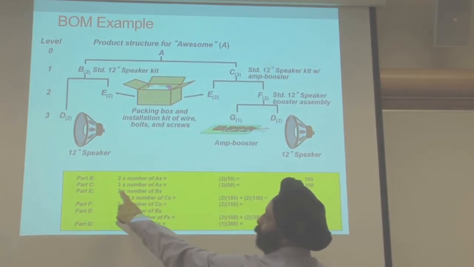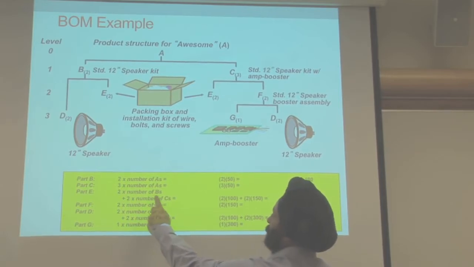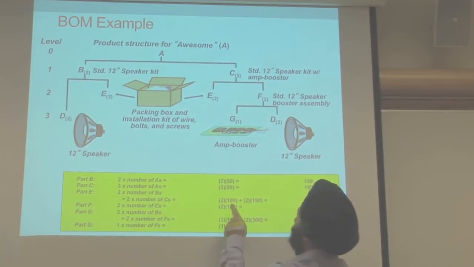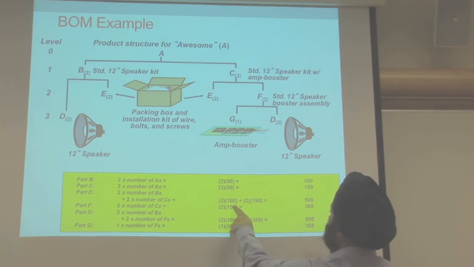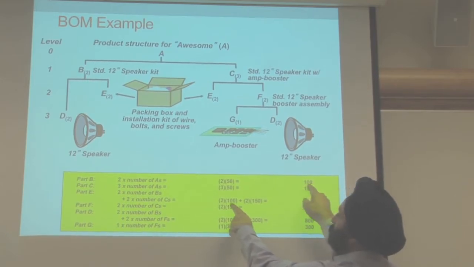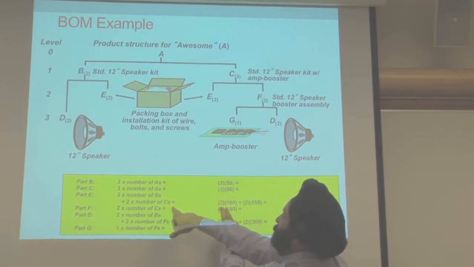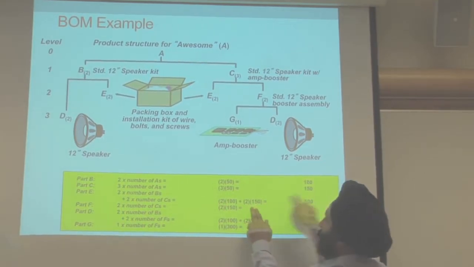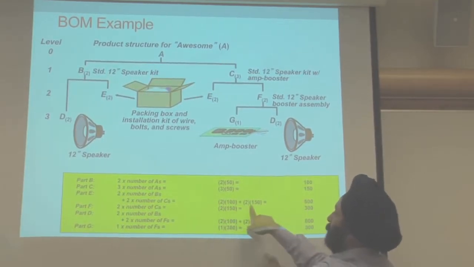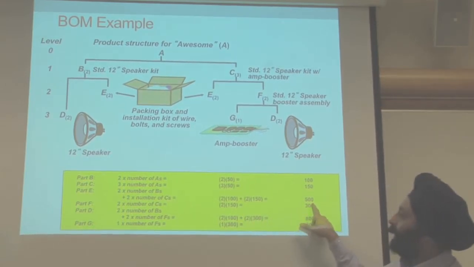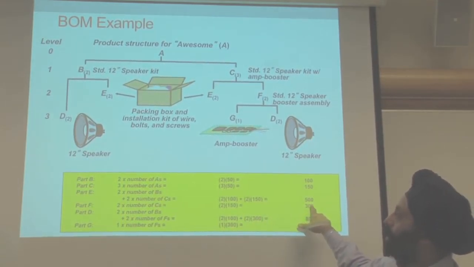So 2 times the number of B is 2 times 100, which is 200. The second is plus 2 times the number of C, which is 2 times 150, that is 300. 200 plus 300 is 500. So that is the number of E's required altogether.